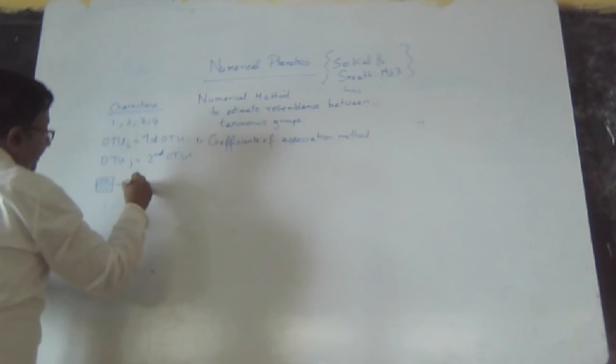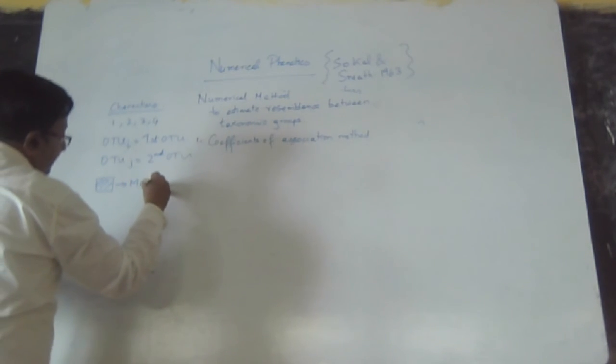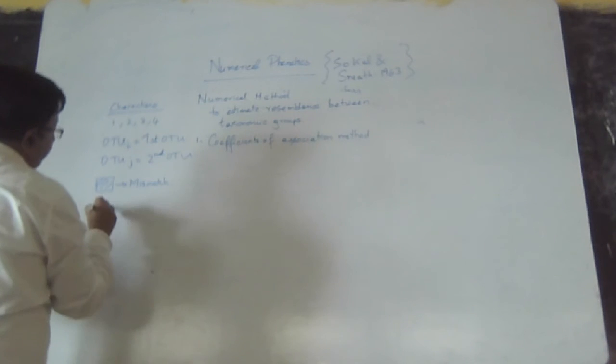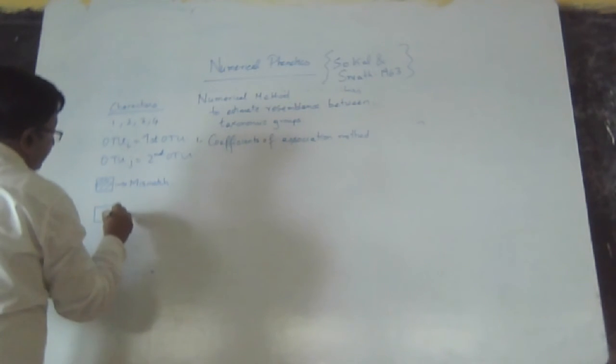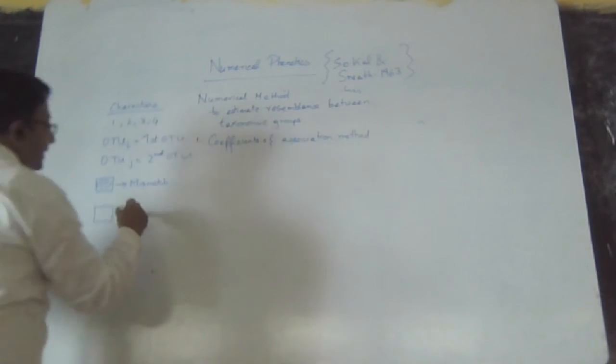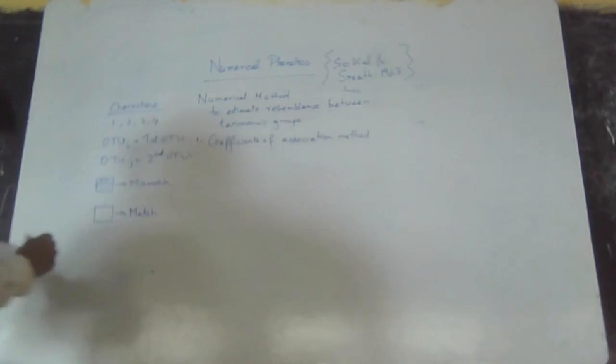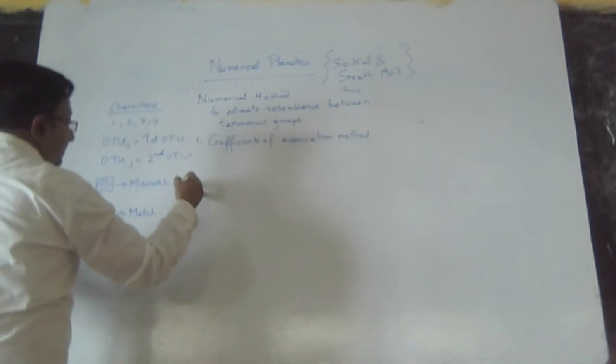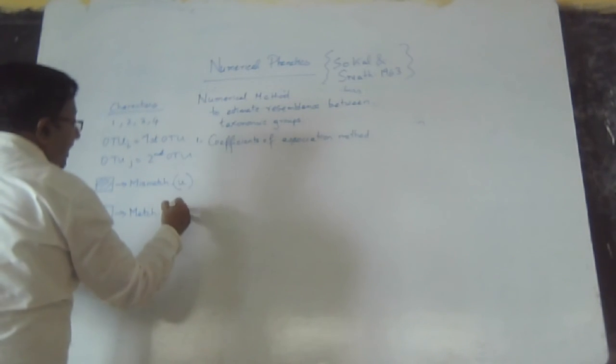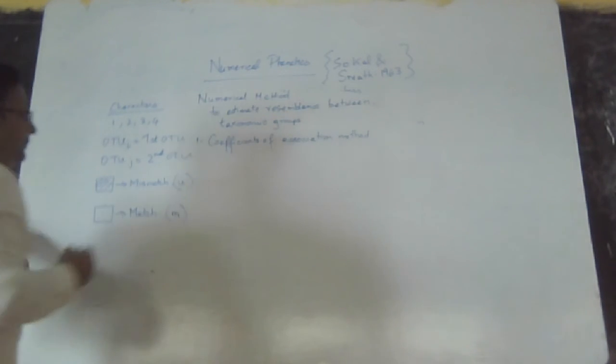This is a mismatch, it doesn't match. This is a match. Mismatch is labeled as U. Match is labeled as M.